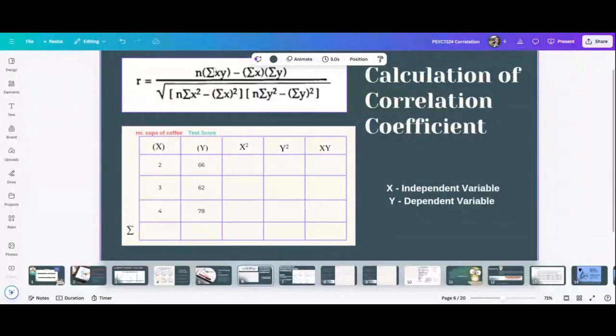Then remember this big E is sigma, and it means the sum of. So what this whole bracket means is the sum of x times y. That's why in the table at the end here I've got x times y.